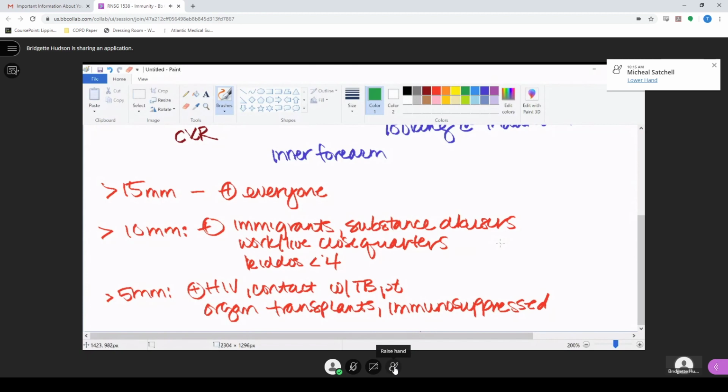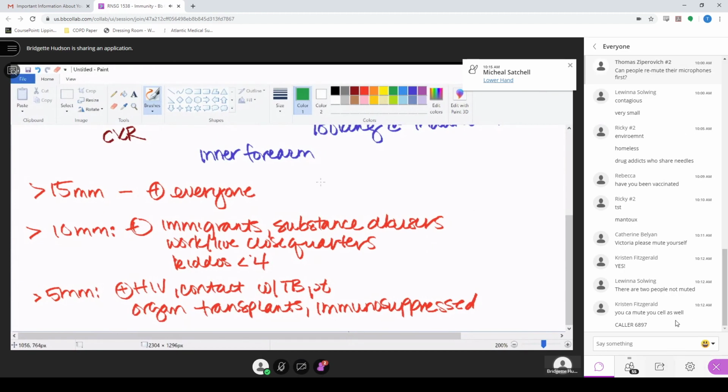If it's above 15, then you are for sure positive for exposure to tuberculosis. So you've been exposed. We don't know yet. A positive PPD does not equal the fact that you have TB yet. You now need to do a chest X-ray or a sputum culture.